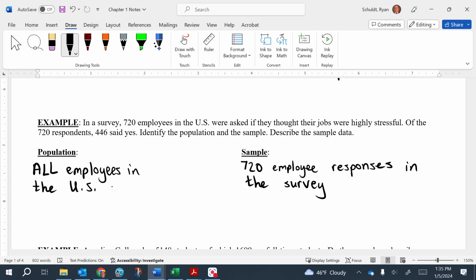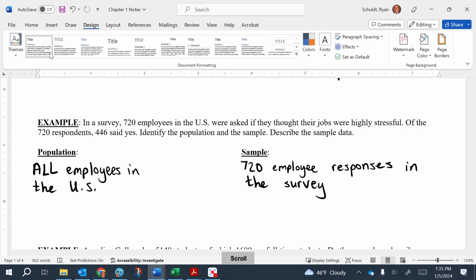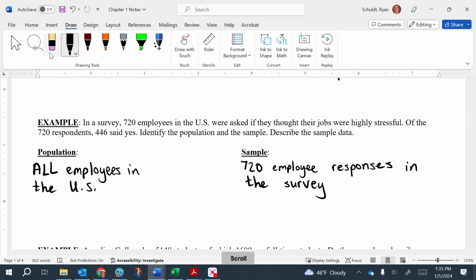So that's our population. This type of example often trips people up, but just remember, population is all of the people you're researching, so all employees in the U.S. The sample is the 720 you actually were able to reach. I'm going to highlight that to make the connection, color code things.